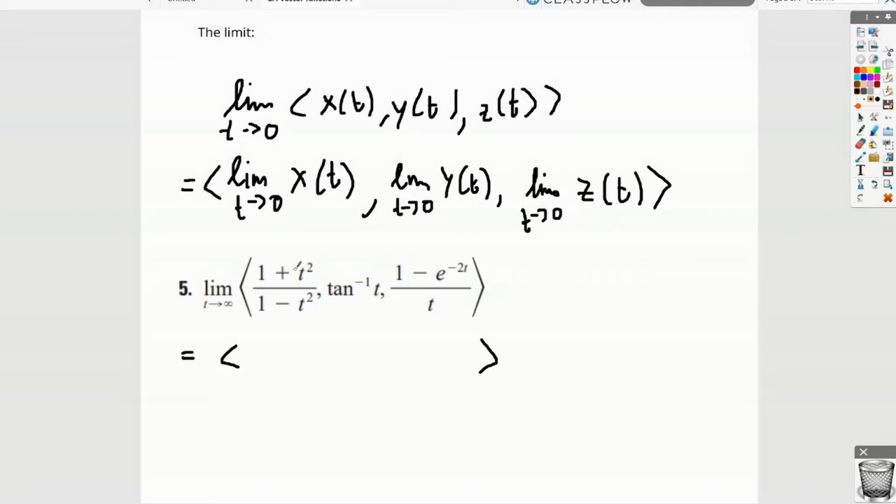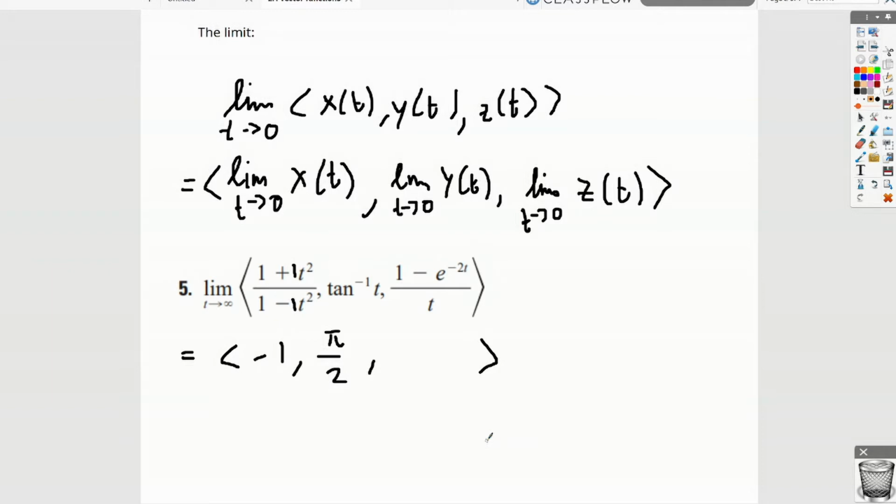To find the limit of the first one, you have to find the leading coefficient of the highest power term. It's t squared over negative t squared, so that is negative 1. Now tan inverse of t, or arctan of t, goes from 0 to infinity, but the range is actually negative pi over 2 to pi over 2. So the limit is pi over 2.